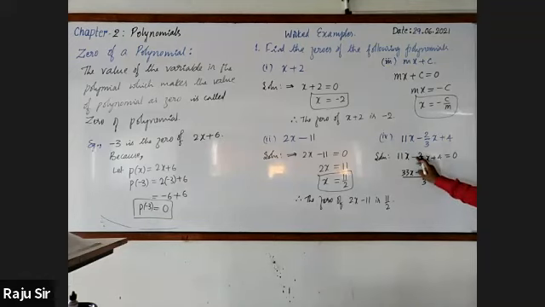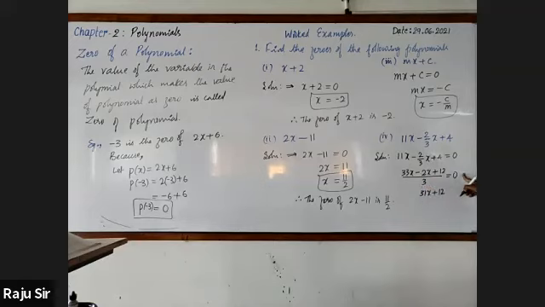Multiply LCM with the second term. 3 gets cancelled, 2 will remain. It is minus 2x. Plus, multiply LCM with the third term. 3 fours are 12. 0. Next, here 33x minus 2x is 31x plus 12 divided by 3.